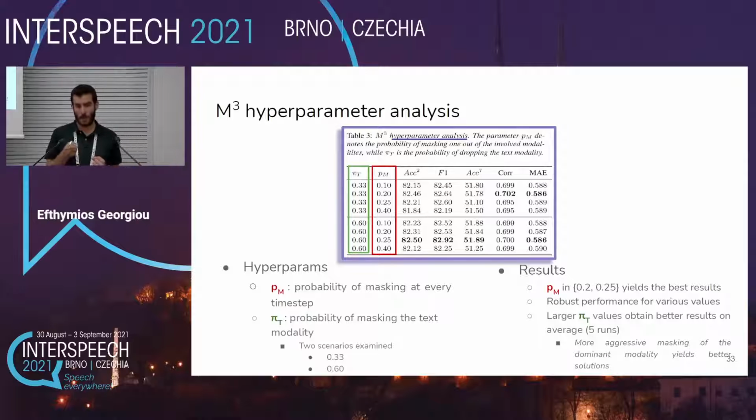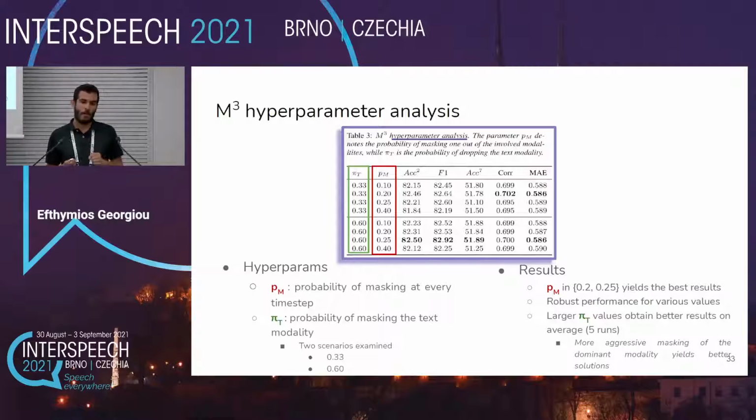We also note that regardless of the hyperparameter choice, we have relatively good performance, which almost always outperforms the baseline models, which means that we do not have to exhaustively search in order to tune our layer.